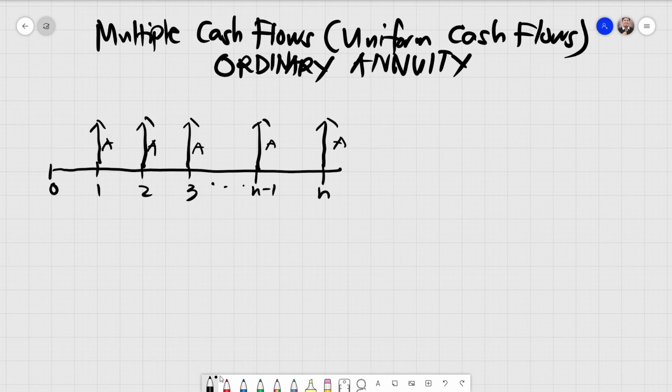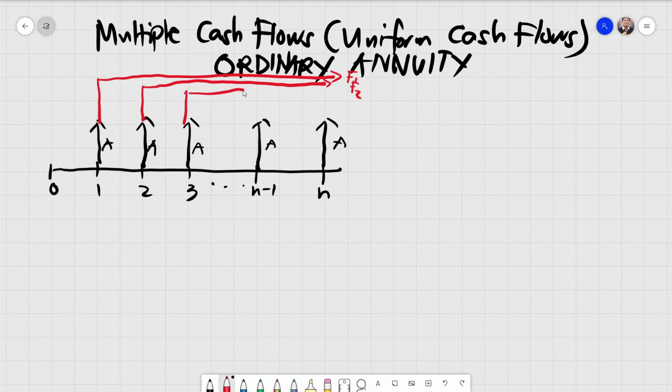Paano natin kukunin naman ang future value ng ganitong klaseng multiple cash flow? So, uniform siya. Essentially, ang ginagawa lang dito is lahat ng individual cash flows na nag-occur in time ay dinadala natin sa future. So, this, say for example, F sub 1. And then, this cash flow here na nag-occur sa year 2, this is F sub 2.